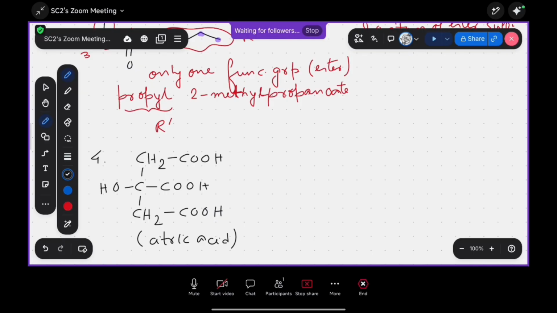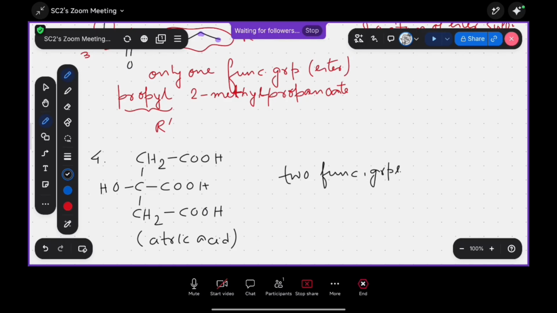Remember one thing, this is a very important rule: if an organic compound is given to you where more than two identical principal functional groups are there. See, here we are having 2 types of functional groups.